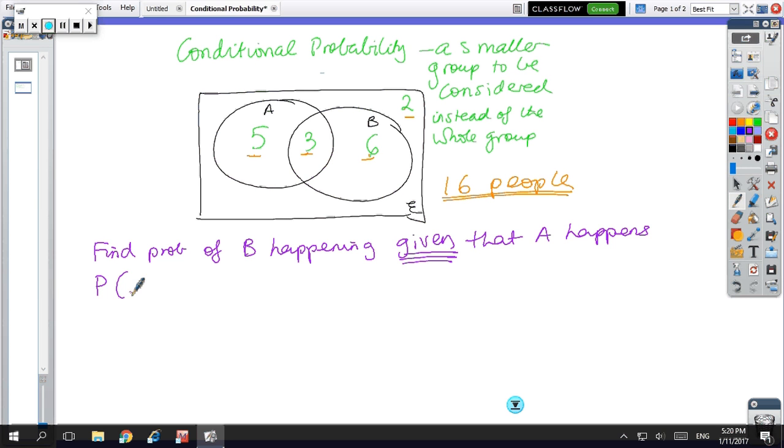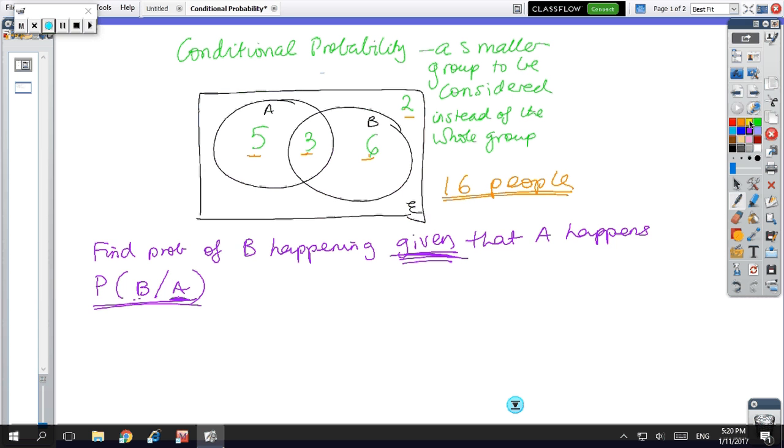If I just say probability of A slash B, that's the short way of saying what's the probability... actually, no, I've got it the wrong way around. Sorry about that. What's the probability of B given that A has happened? So you put the first letter and the given part is the second. So if you see in a textbook, find the probability of B slash A, it means that A has happened and what's the chance that B also happens.